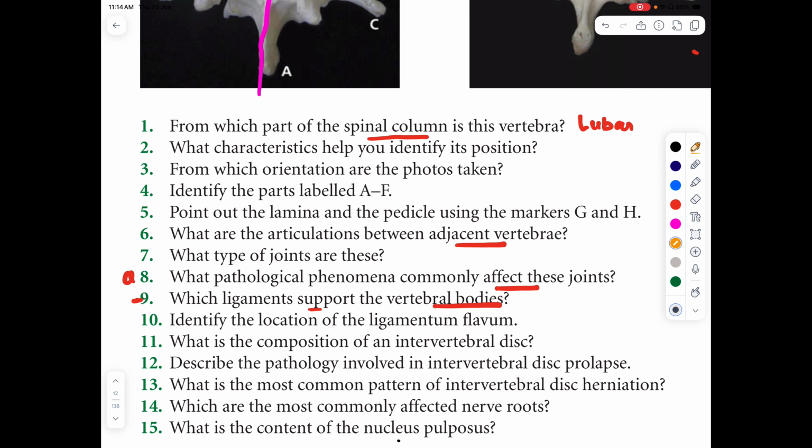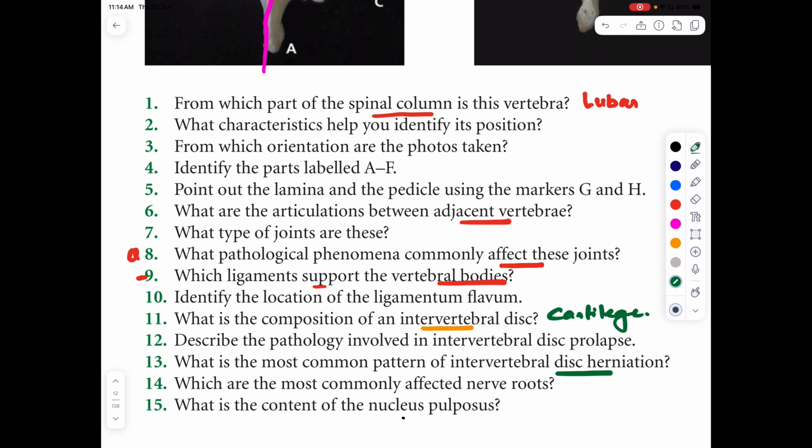Vertebral bodies are joined by intervertebral discs, which are secondary cartilaginous joints, with fibrous annulus and nucleus. What is a common pattern of intervertebral disc prolapse? Whenever there is damage to the annulus, the liquid material of the nucleus prolapses. Nerve roots commonly affected: most commonly the nerve roots affected are L4-5 and L5-S1. So there is a maximum.